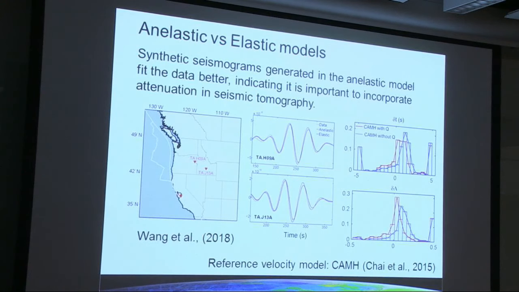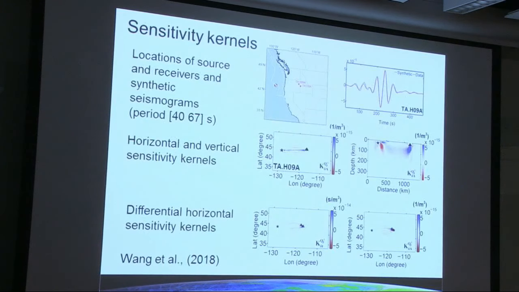And from the histograms for measured travel time and amplitude at all stations for the events, we find that when Q is added, the mean value moves toward 0 and the variance is also reduced. So it means it is important to incorporate attenuation in seismic tomography.